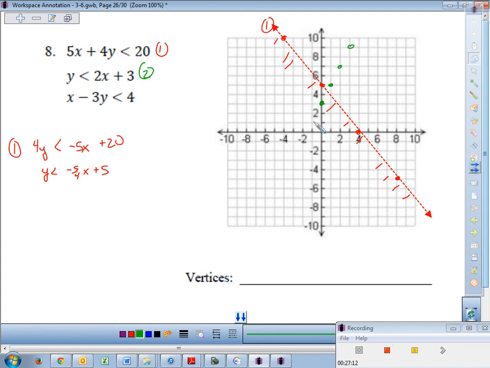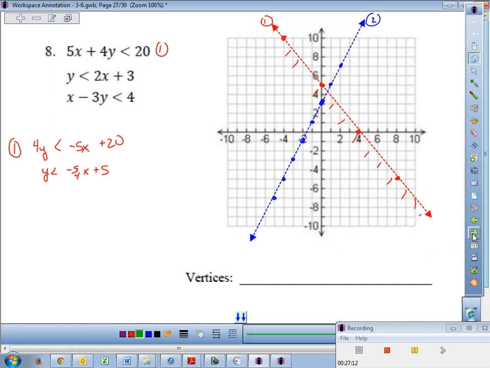I still want to put as many points, I shouldn't say all of them, but a bunch of them. Mrs. Colwell will probably have you put all of them, so do what she's been telling you to do. And then that's a dashed line again. But I can already see that they intersect in a nasty place again. Where's this one shaded? It's a less than, so that's a below.